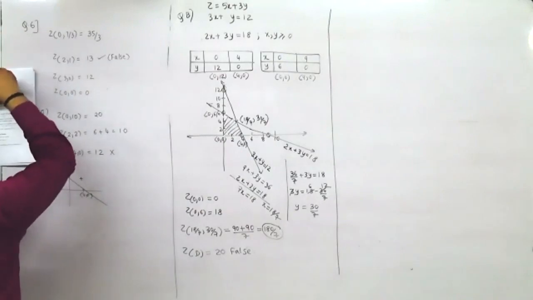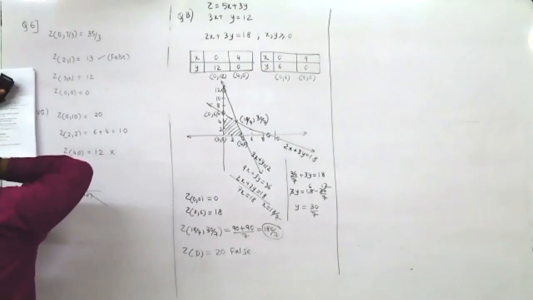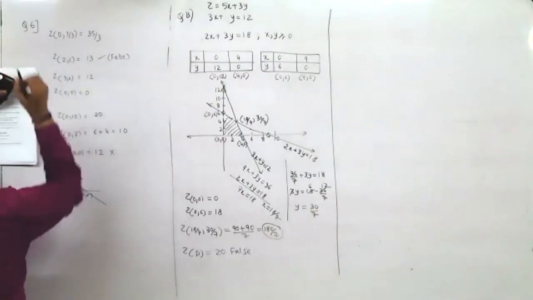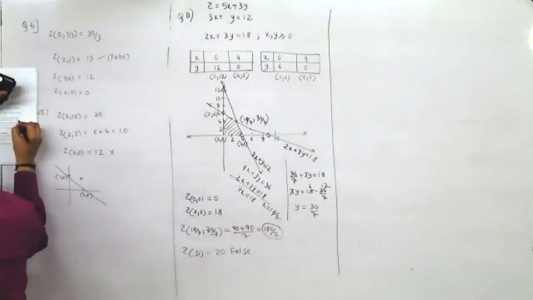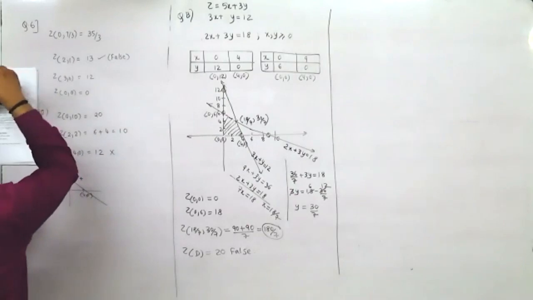Now, of all the points of a feasible region, the optimal value is obtained at the boundary of the feasible region. Yes, actually it is obtained at the vertex of the feasible region. So have they said true or false? True. This is correct, but it should have been the vertex, not the boundary. It's very difficult to interpret what they have asked for.